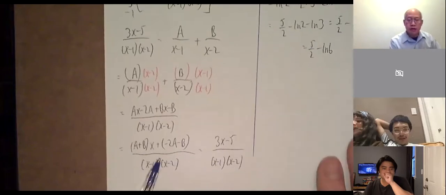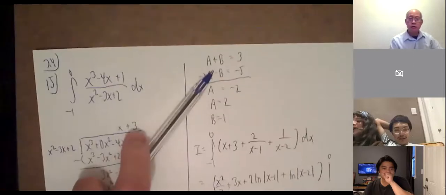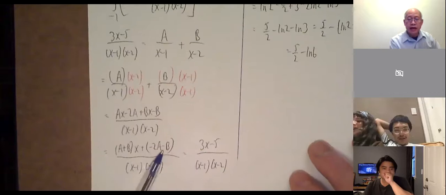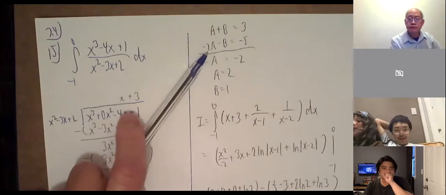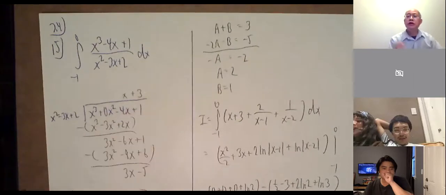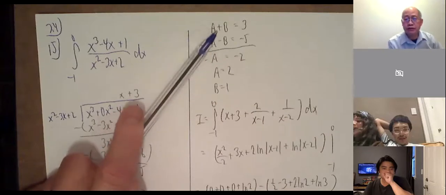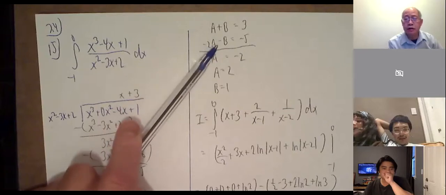So A plus B equals 3, and negative 2A minus B has to equal negative 5. There it is. Okay, 2 equations, 2 unknowns. And you can solve it by substitution or elimination. Here, elimination is pretty easy. If you add them up, B drops out immediately, right?